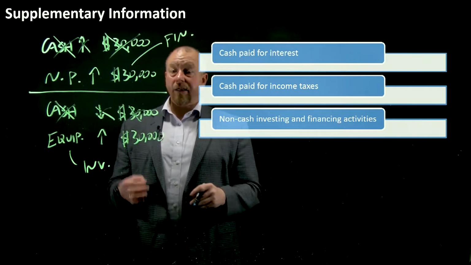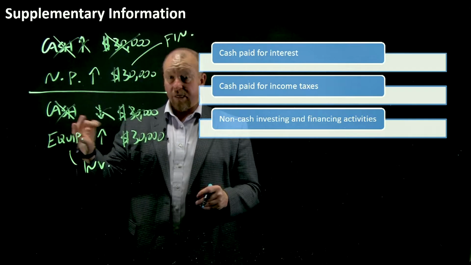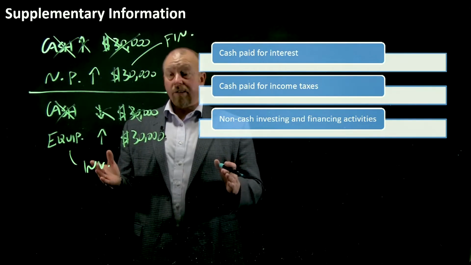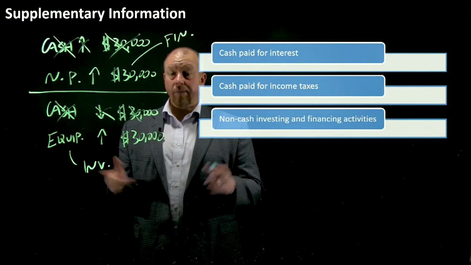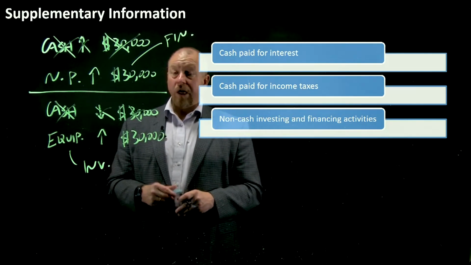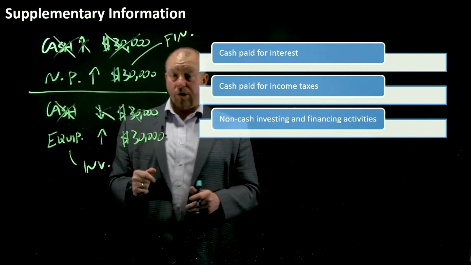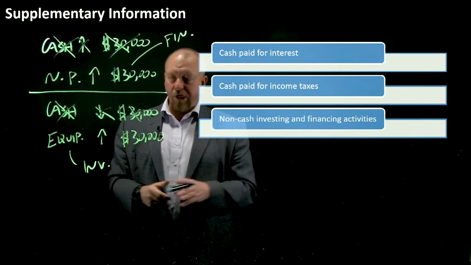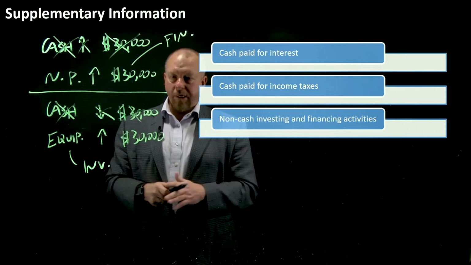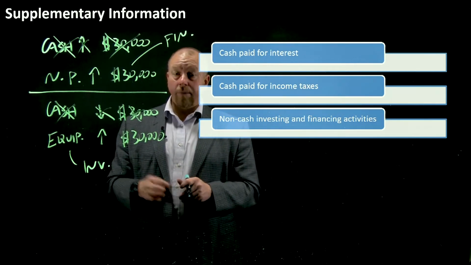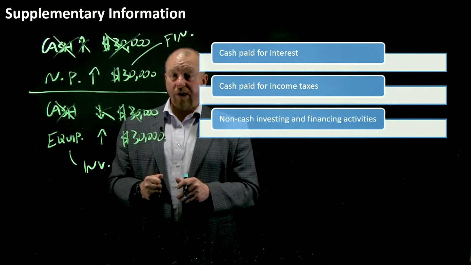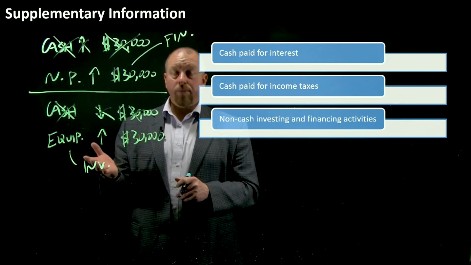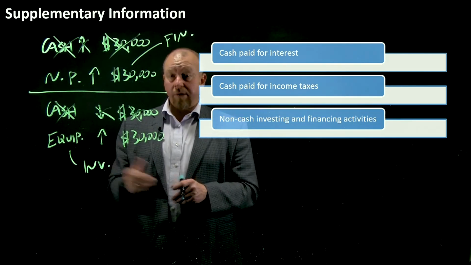So to the extent that you have transactions like this, those are also required to be disclosed. Because the reality is this is going to set us up for things that impact future cash flows. You're also going to have some disclosure in your financial statement footnotes about this note payable, some general terms and repayment conditions and things like that. But when non-cash investing and financing activities exist, make sure we disclose those probably at the bottom of the indirect statement of cash flows.